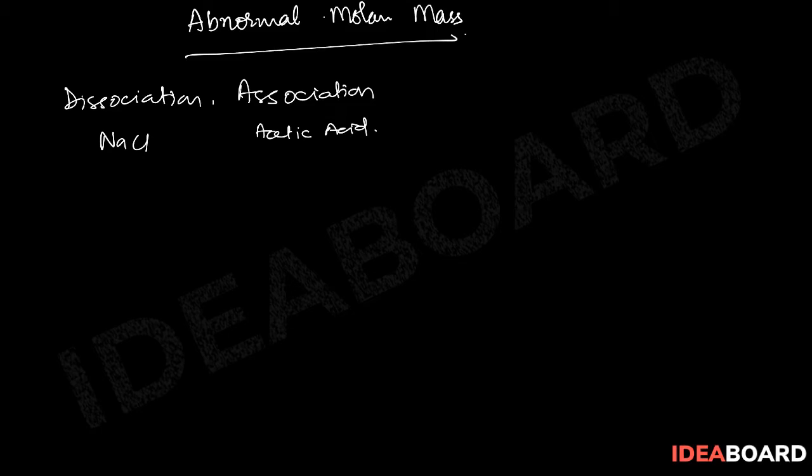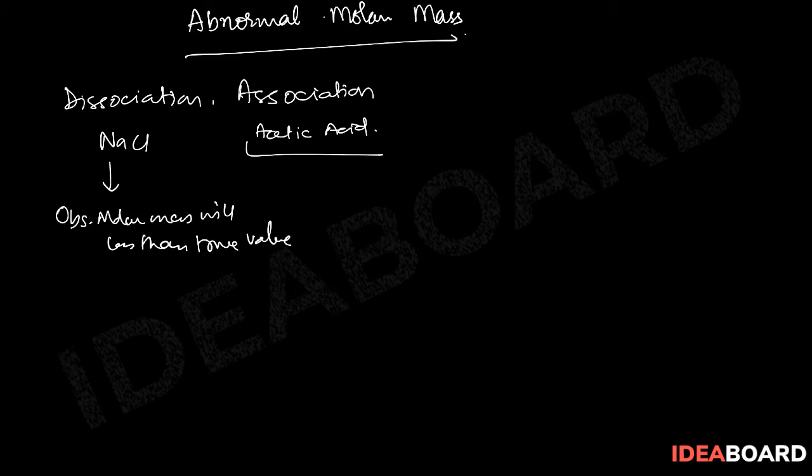As a consequence, whatever molecular mass of solute we measure from the measurement of a colligative property will always be lesser than the true value. So if dissociation happens, then the observed molar mass will be less than the true value.